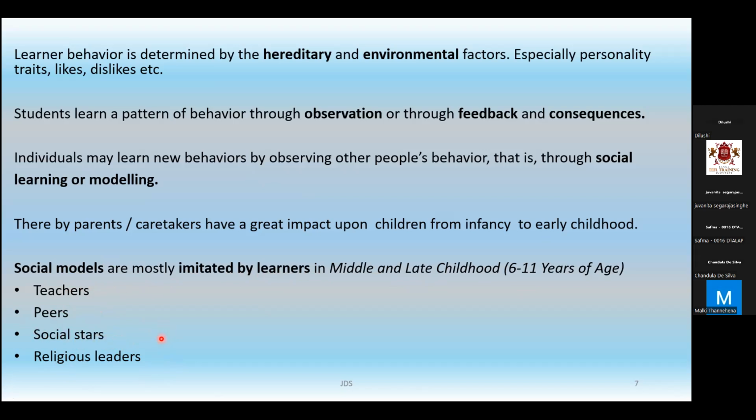So there is a tendency for small children who are within this particular age group, 6 to 15, to determine their behavior by imitating social models. Right, so these are some of the characteristics of how learner behavior is acquired. Nobody tells them this is how you have to behave. It takes place in their system naturally, mostly through observation.